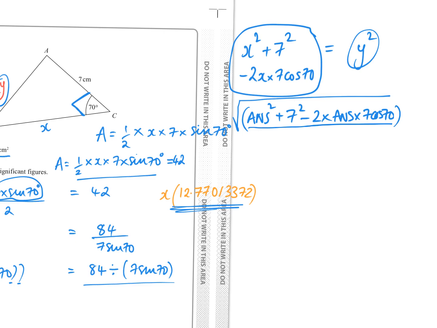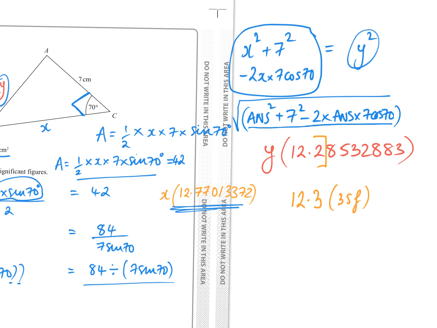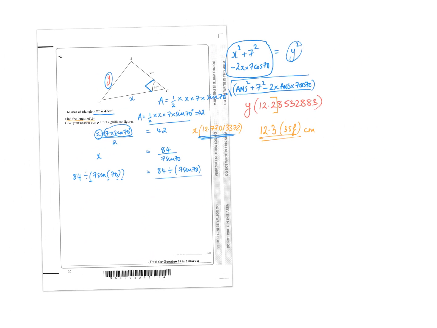So y would be 12.28532883, and it wants it to 3 significant figures, so I would say 12.3 and then just write 3SF. Okay, and we know it's already in centimetres because in the actual question there's a line where you can write your answer, so you can just write that like that.